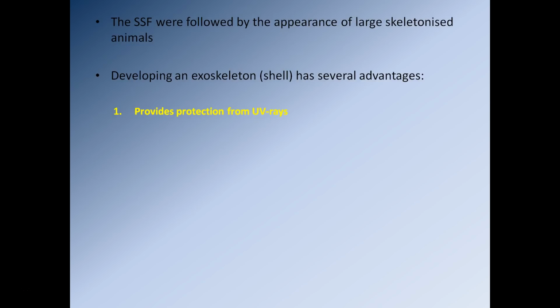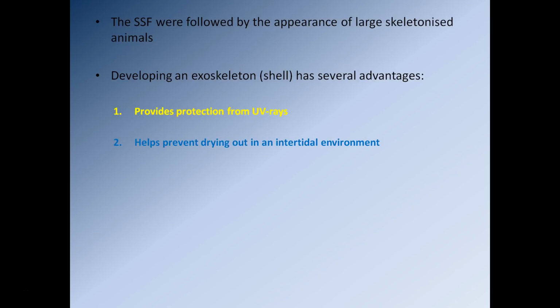Now, ultraviolet radiation is damaging to organic material, and so having some kind of protection from ultraviolet radiation would have been extremely helpful. It would have significantly reduced the amount of damage that animals were taking from these ultraviolet rays.